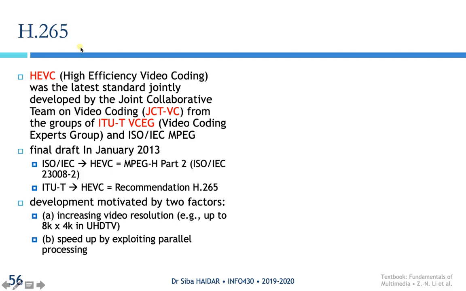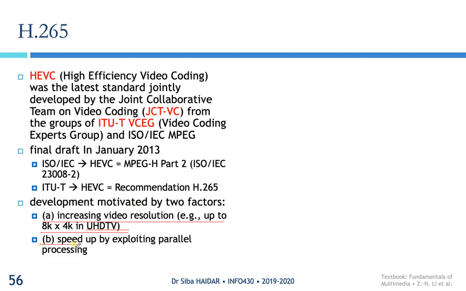The development of this coding standard was motivated by 2 factors. The first one is, of course, the increasing video resolution. We have bigger and bigger video resolution, as you have seen in the chapter on video basics, up to 8K times 4K in UHD TV.